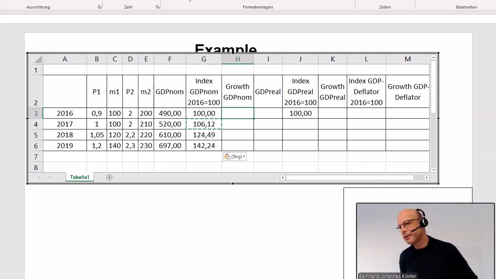Would this be the growth rate in 2016? No, this would be in 17. And I said it's a funny question to ask you for the growth rate in 2016, because applying the definition would mean that I have the number of 2015, but this is not within my data, so I just cannot calculate this number.